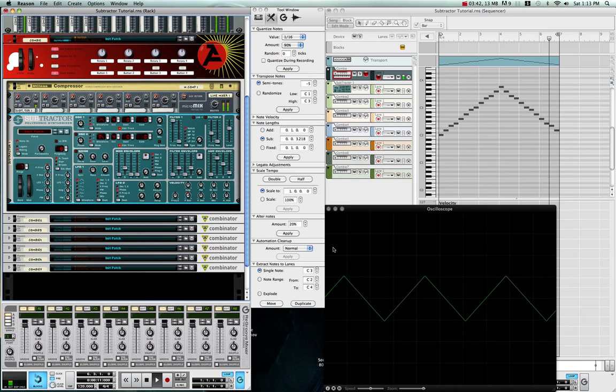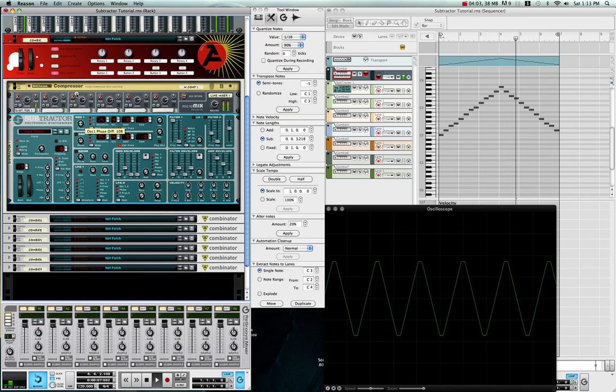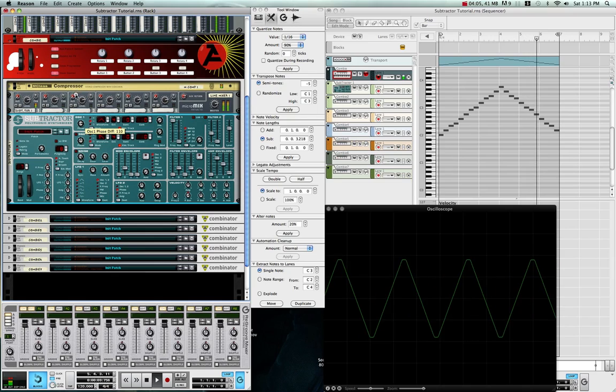So here's our triangle wave. Turn the phaser on, maybe subtractive setting. And as I turn it to the left, phase is being applied, and the waveform is changing. As I apply it to the right, the waveform is changing.